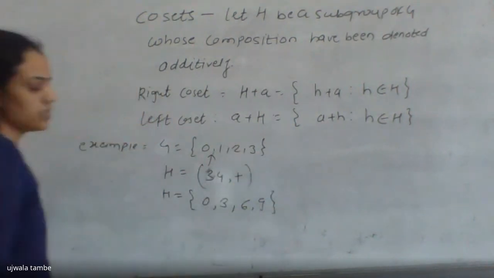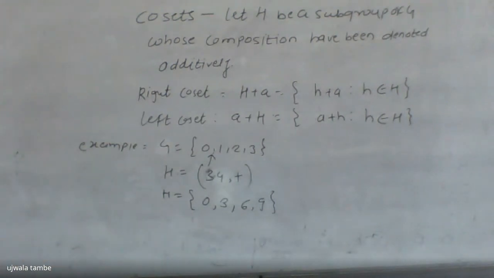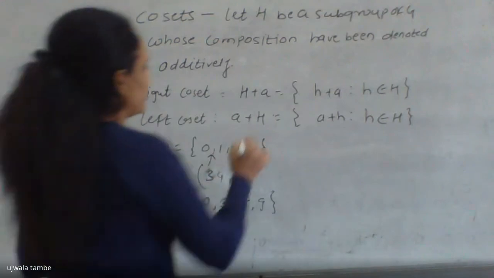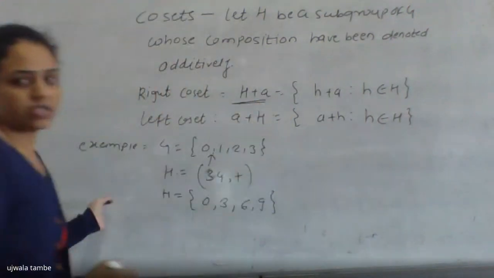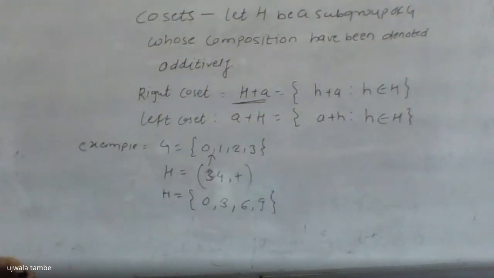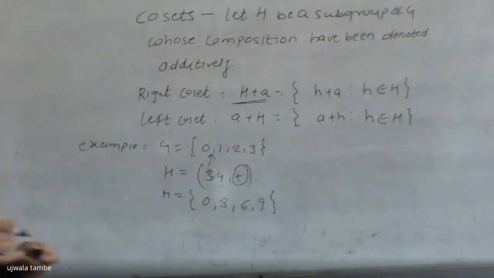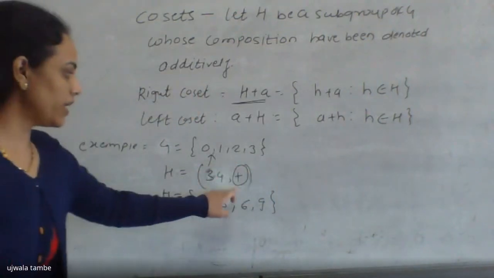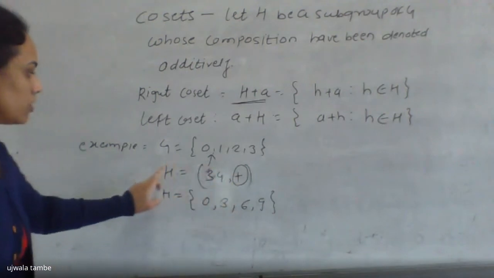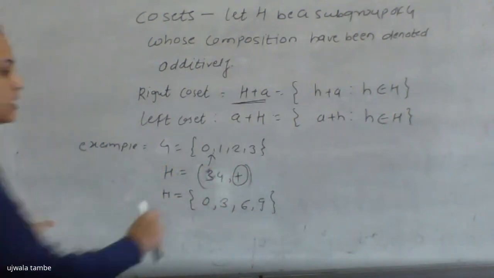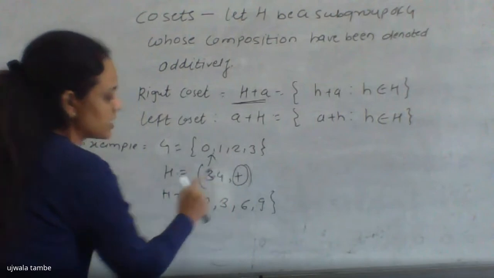So this is the subset of G, that is H. Now try to find out the values of the right coset.